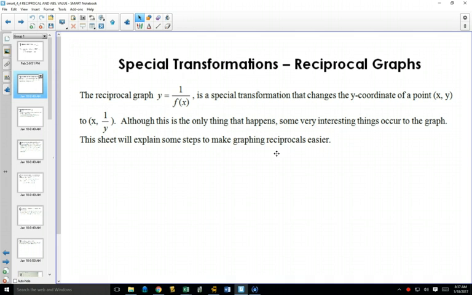Now, although that sounds simple, there are some crazy things that happen with reciprocal graphs. And reciprocal graphs usually look nothing like the original graph that you started with. So we're going to look at some of the special things that happen and ways that we can graph things quicker and easier.